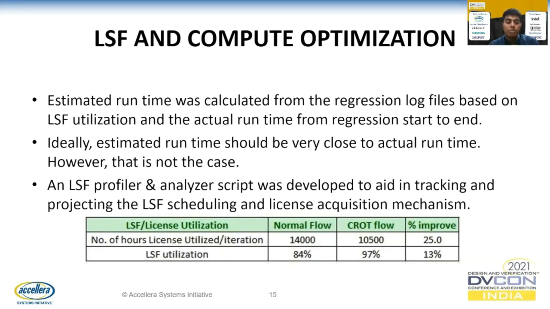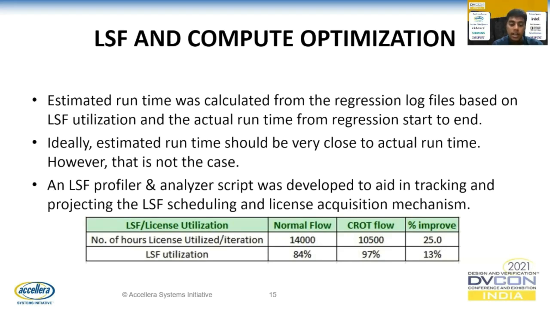An LSF profiler and analyzer script was developed to aid in tracking and projecting the LSF scheduling and the license acquisition mechanism. This profiler monitors the status of the running jobs periodically and dumps out a log report for analysis.